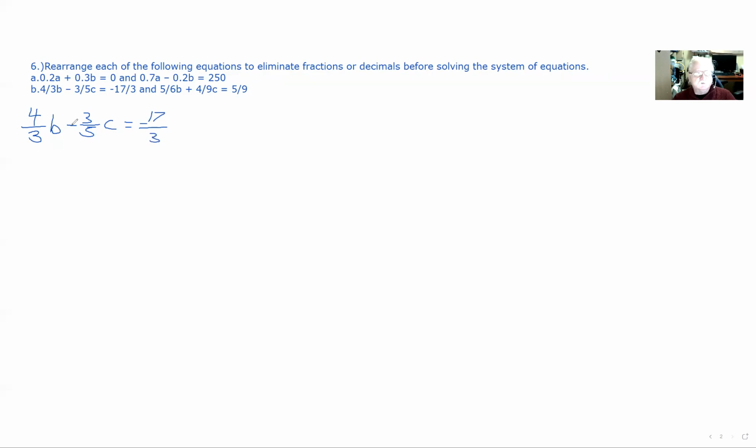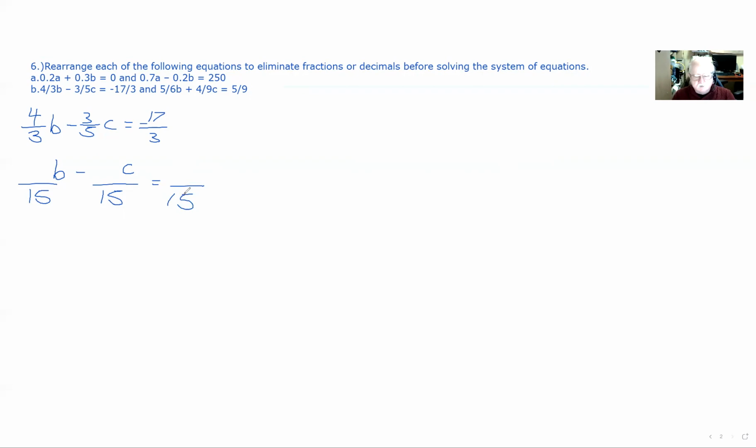So looks very annoying. And the way we get rid of fractions is by finding a common multiple. That common multiple will be 15. So we'll have something over 15 times b, take away something else over 15 times c equal to something else over 15.